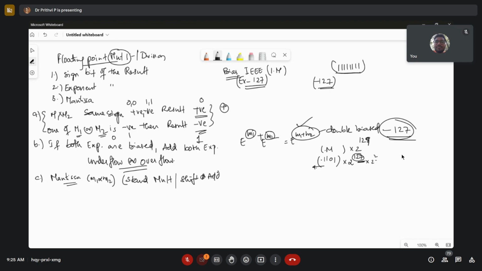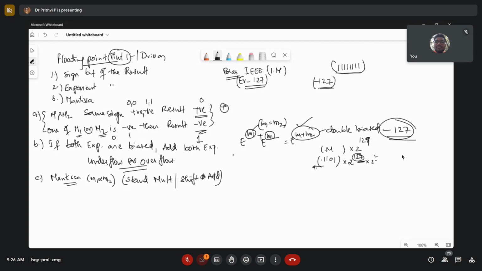When you are doing this iteration of the product, there is no need for both the exponents to be similar or the same value. It is not necessary that m1 should be equal to m2. Why? Because here we are taking the addition of the two values. For multiplication the exponents get added, so there is no need to adjust m1 and m2 to be of the same value.